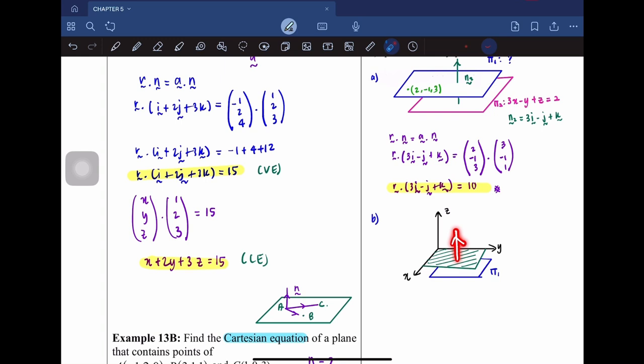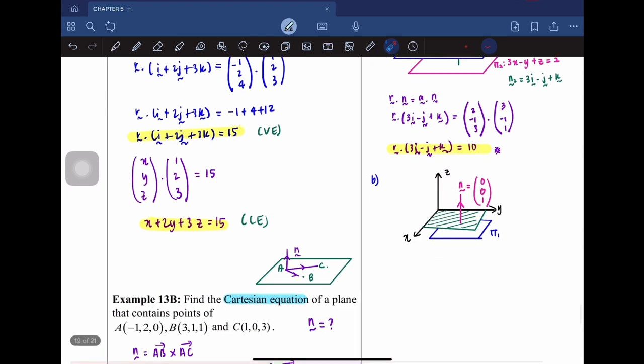Okay, so meaning that we can actually find a unit vector for this case, which is the normal vector. The vector that is perpendicular to the xy plane is going to have only one coordinate, which is in the z direction. Okay, so what will be the coordinate? The coordinate is 0, 0, 1. Okay, because it will only have a coordinate at the z axis, but not at the x and y.